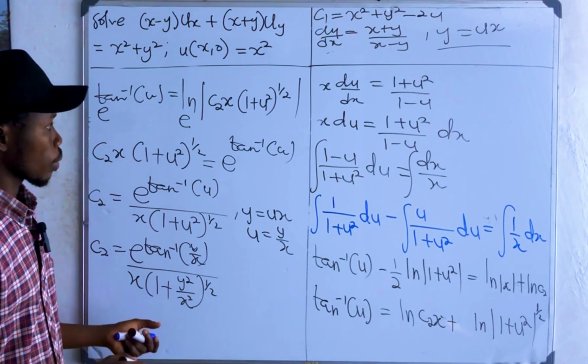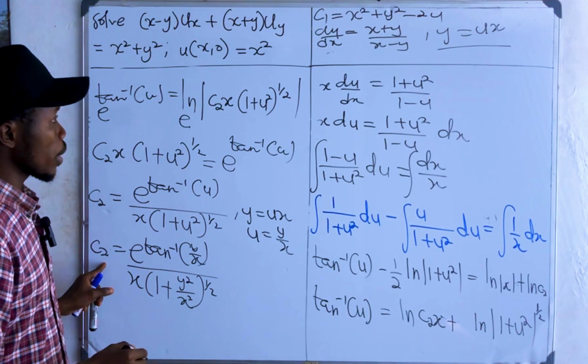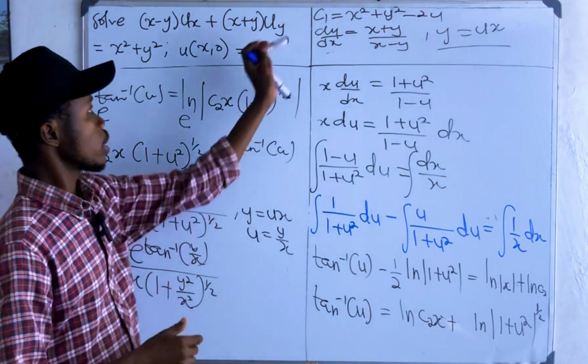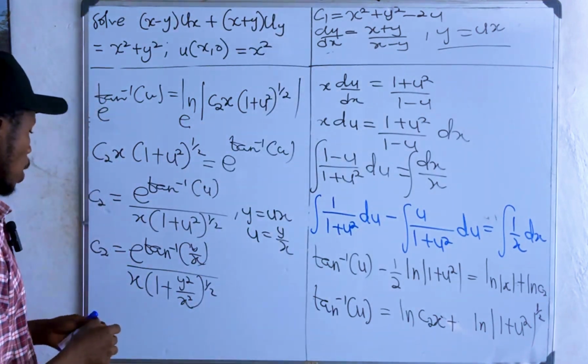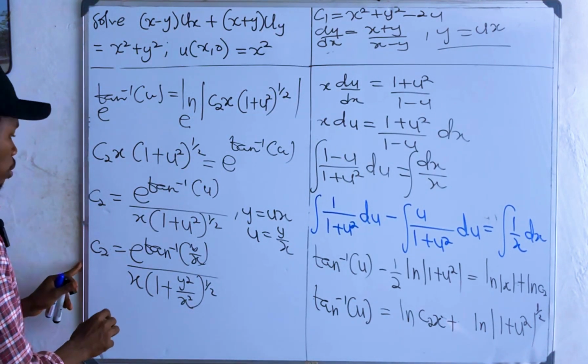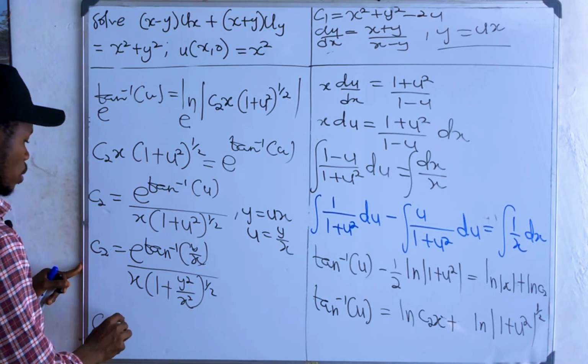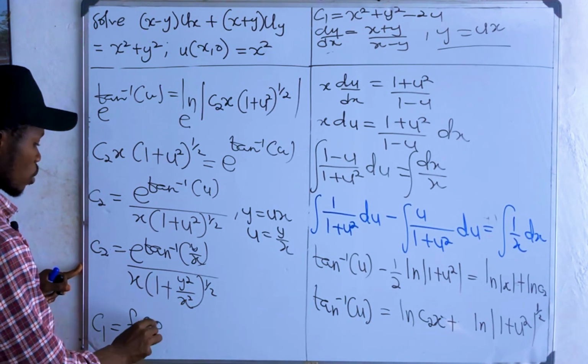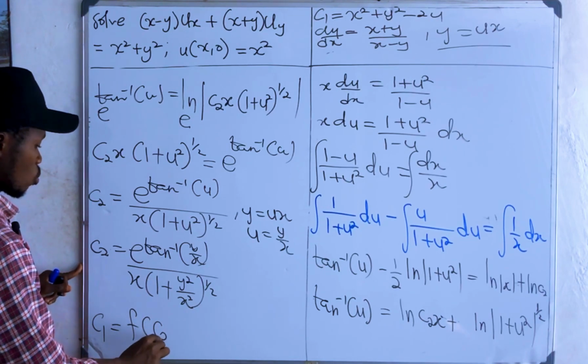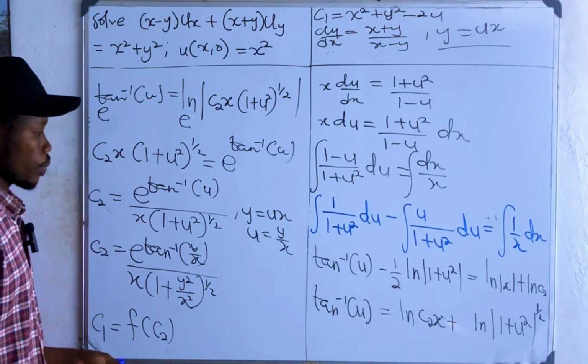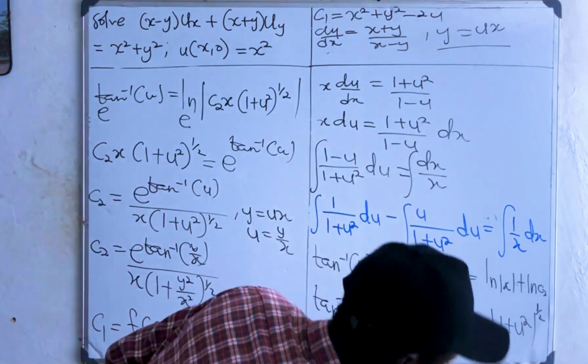So this is going to be our final solution. So we have c2 here and we have c1 here. I would prefer that c1 should be a function of c2, something like this.